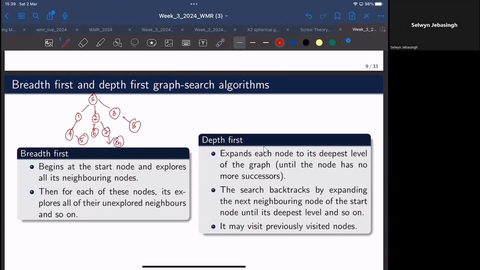So in breadth first, the principle is that it begins at the start node and explores all its possible nodes. So it starts from the start node and explores its neighboring nodes. What are the neighboring nodes of the start node? Neighboring nodes means the nodes that are adjacent to the node that we are investigating.